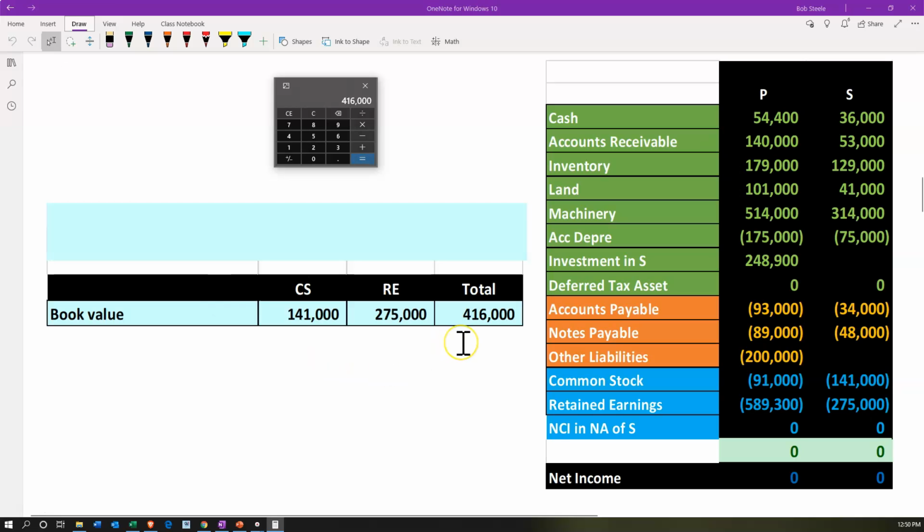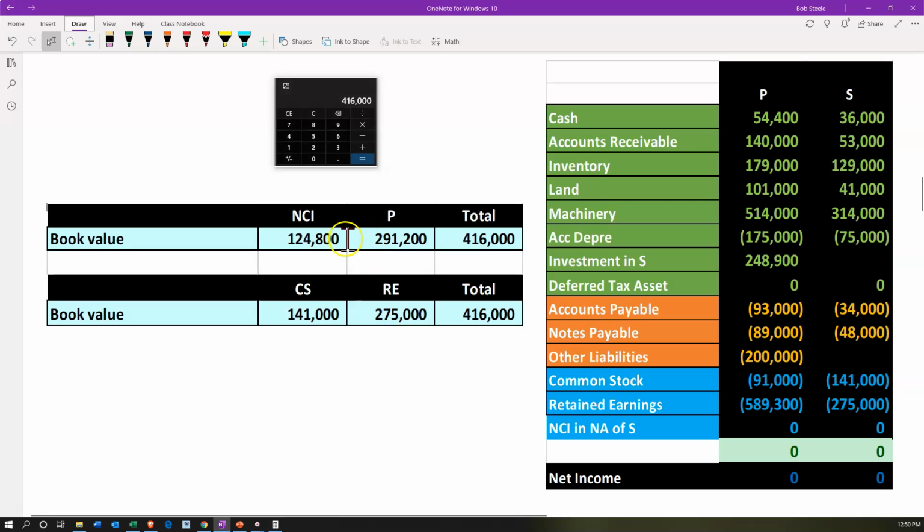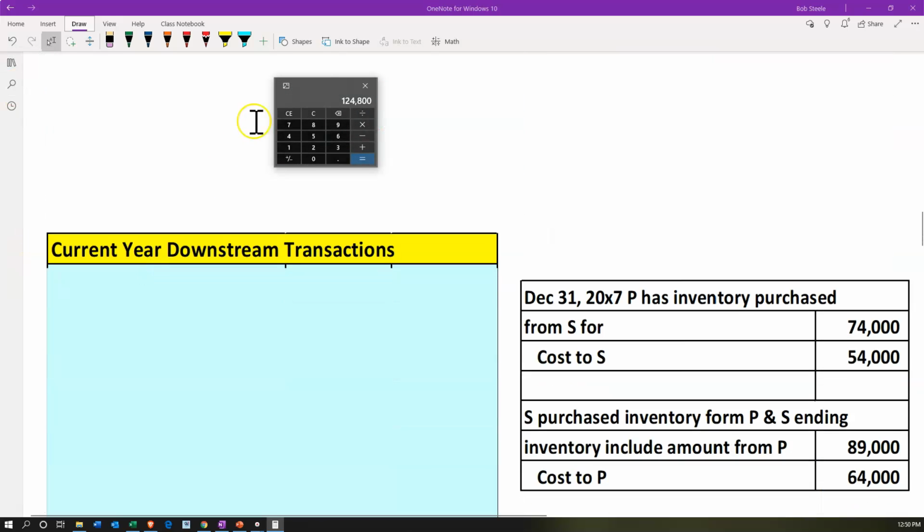That's going to be the 416,000, consisting of the common stock and the retained earnings. If we then break that out in terms of the non-controlling interest and controlling interest, we would take that same 416,000 times 0.7, which is 291.2, and the 416,000 times 0.3, which is 124.8. That would be our standard breakout.